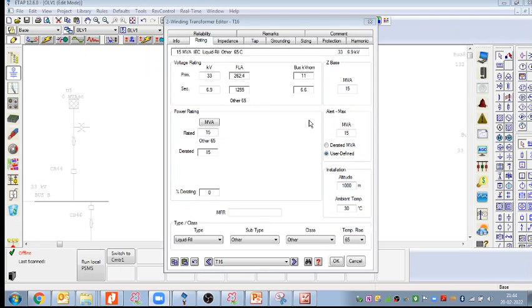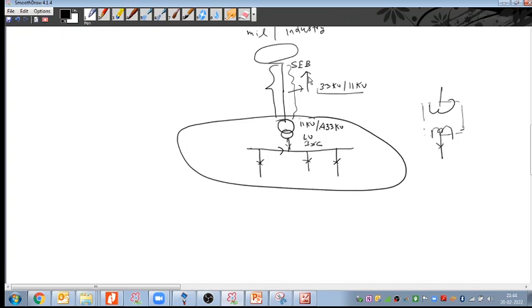X by R is the ratio of reactance and resistance. As I said, for any 50 Hz system, the value of X by R is 14. So please remember this value. If it is 60 Hz, then it comes as 17.